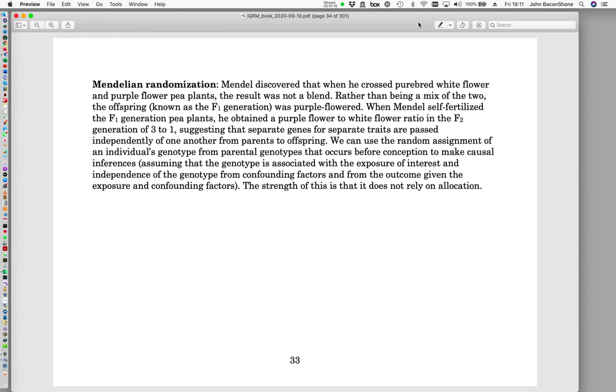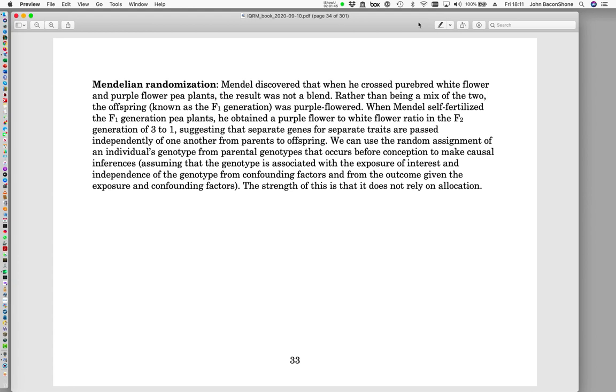So what does that mean? It means that actually nature is doing randomization for us. So if we're interested in individual genotypes and parental genotypes, we can use that random assignment that occurs before conception to make causal inferences, assuming that the genotype is associated with the exposure of interest and is independent of the confounding factors and of the outcome after we control for the exposure and confounding factors.